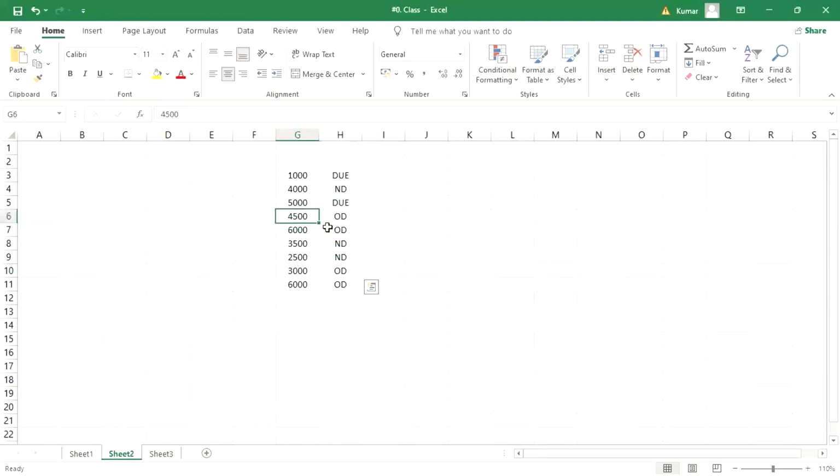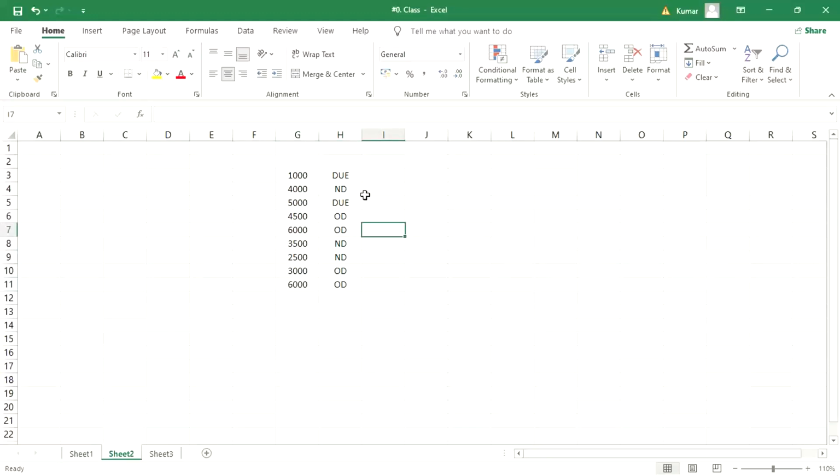These are the four line items for which we have to send a reminder letter, not for every invoice. That is supposed to be found out, guys. If somebody does it manually, it is going to take too much time.